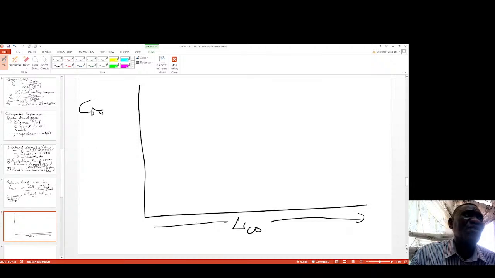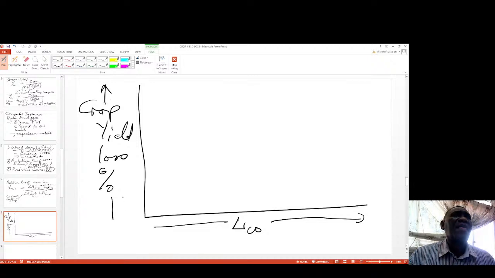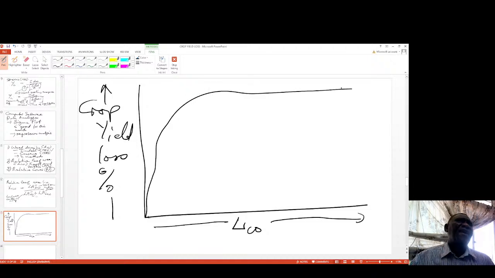Then we have crop yield loss. Again, we get a rectangular hyperbola similar to Cousins, which means this approach could be good.